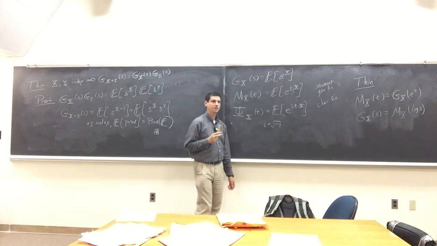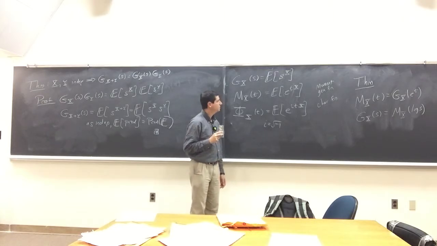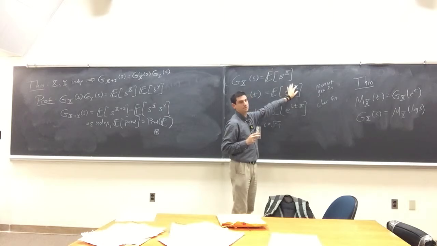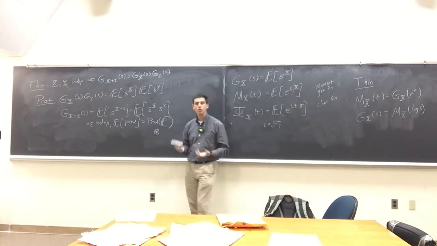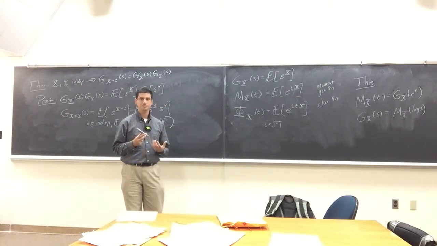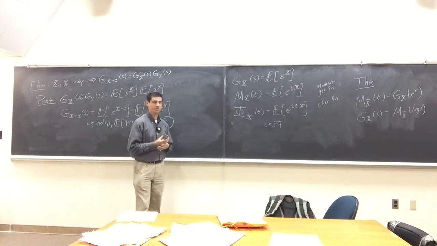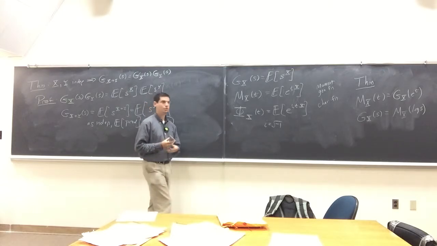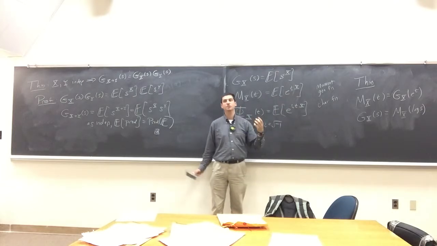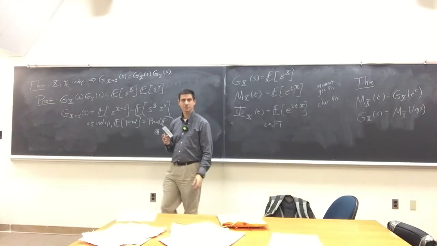If t equals 0? Yeah, if t equals 0, you're getting the expected value of 1. So the moment generating function will always exist when you put in t equals 0. Will it exist for other values? Any other values of t where it has to exist?